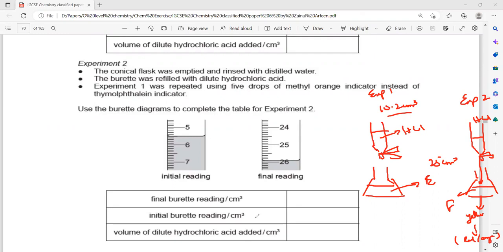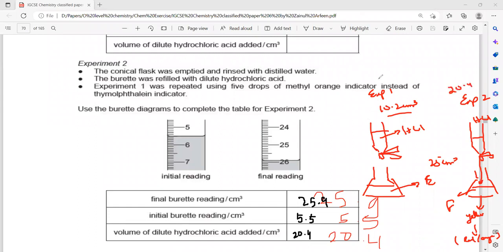For experiment 2, use screen annotation to complete. We need 20.4.